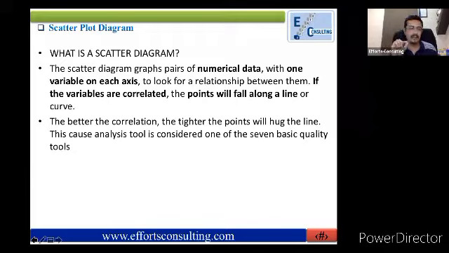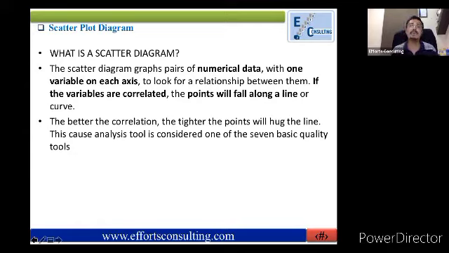When you know, that is absolutely fine. But when you don't know and you feel that one particular parameter may or may not impact your success rate, and you would like to check statistically, then you can use a scatter diagram.